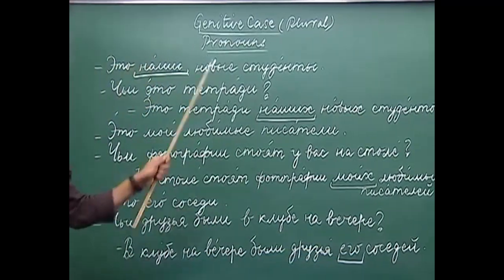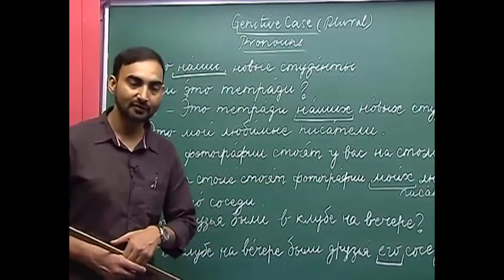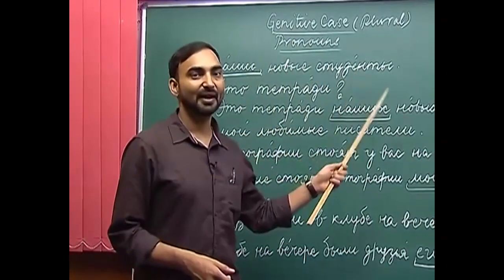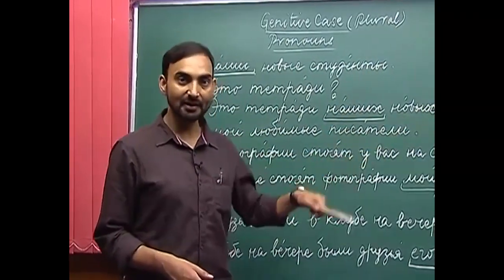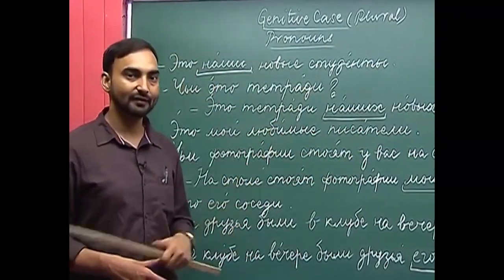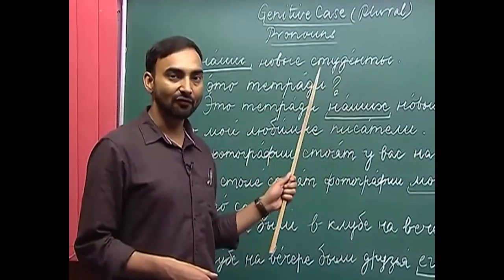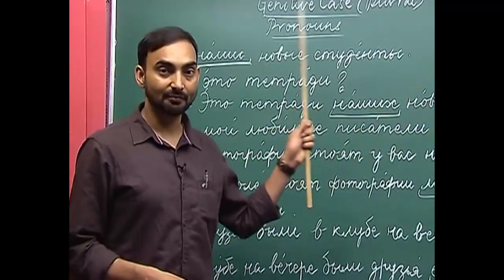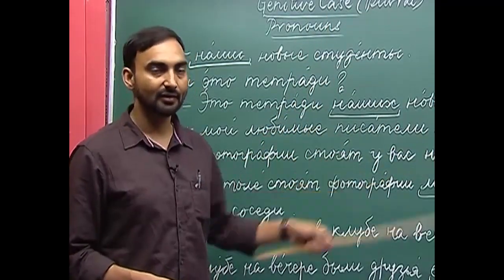So, these three things, if we summarize, what do we get? Moi becomes moikh. Similarly, tvoi, which is the nominative plural of the possessive pronoun tvoy, becomes tvoikh.